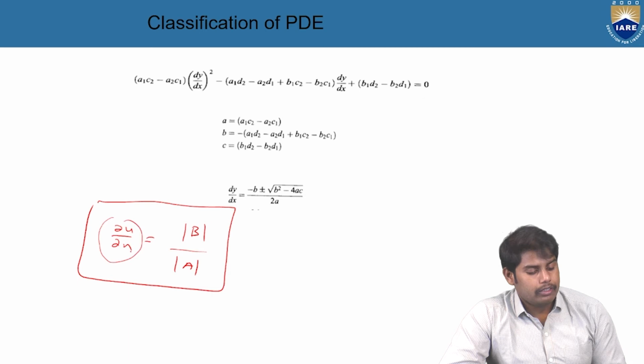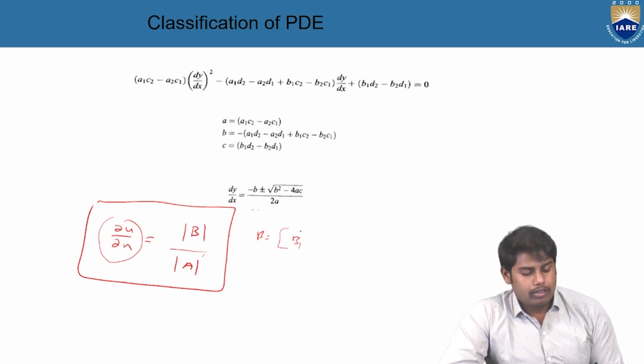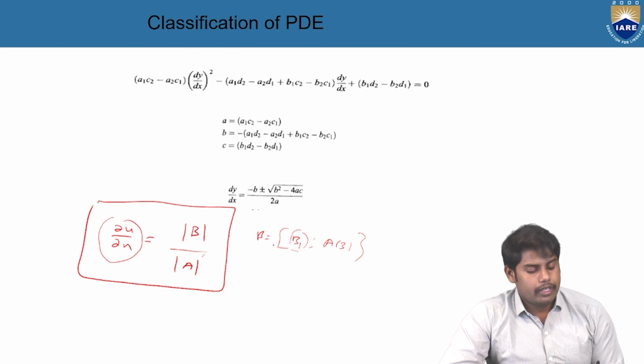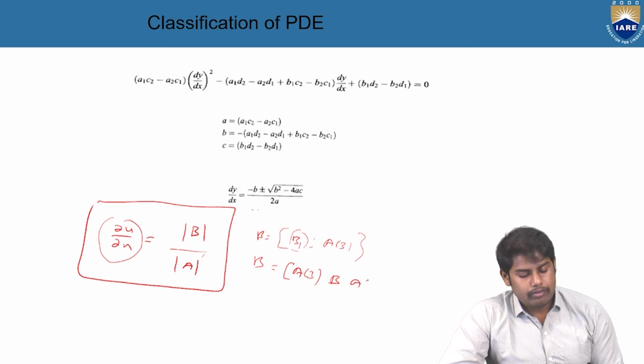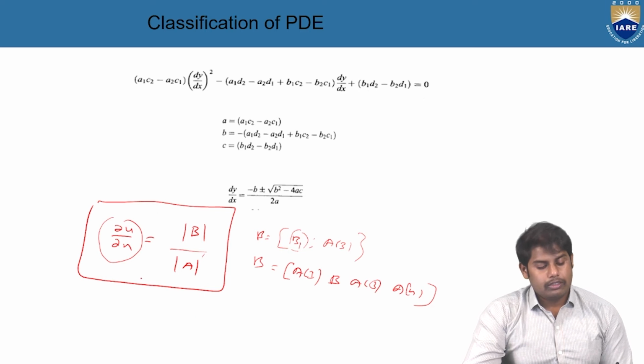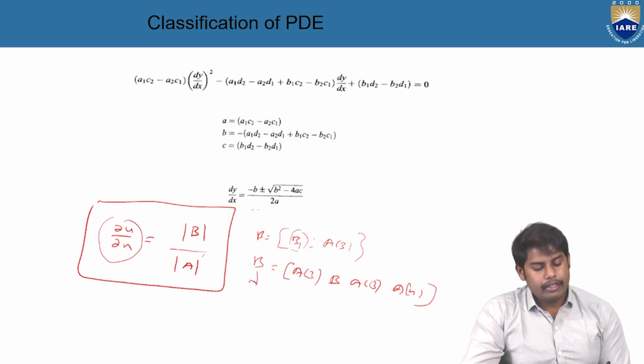So B1 will be the first column, and the remaining three columns will be of A. If you want to get dou u by dou y, here A of first column, here B, and A of third column, A of fourth column we have. So here we will get dou u by dou y.